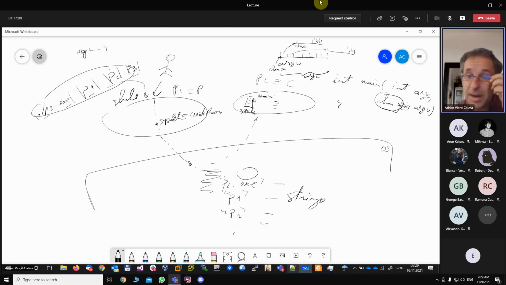Those parameters do not appear there magically. They must be placed there by the OS, being the one allocating memory for that process.